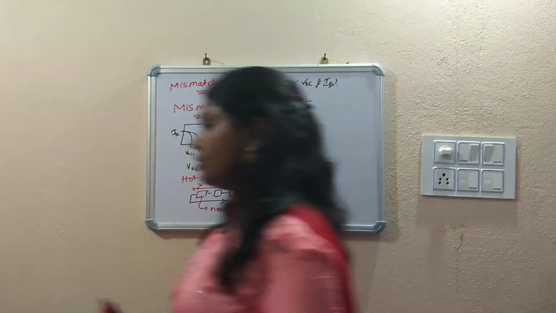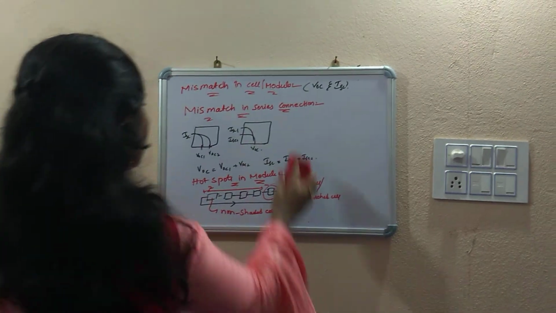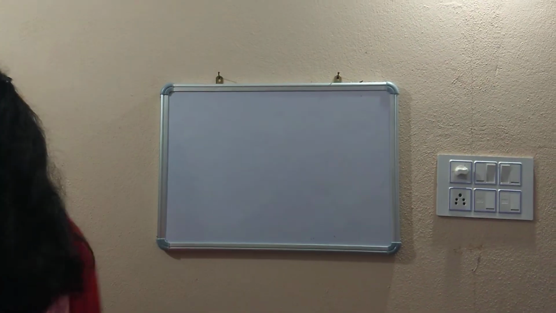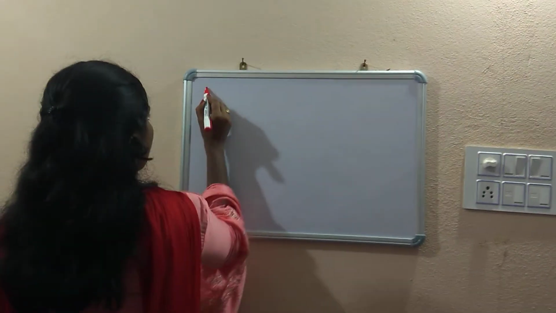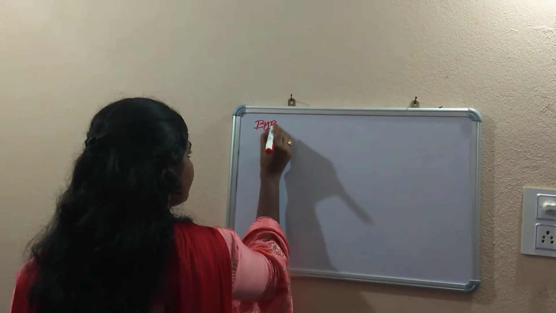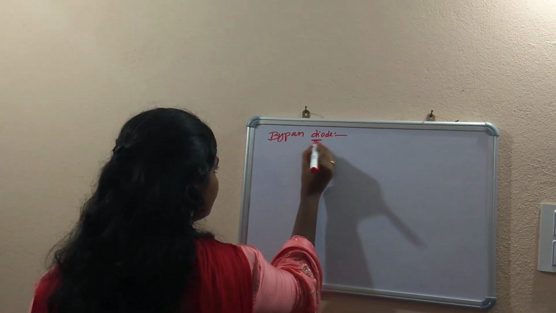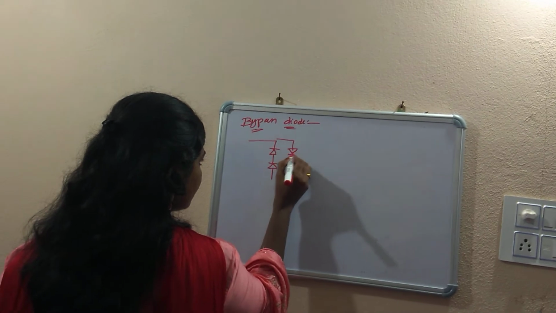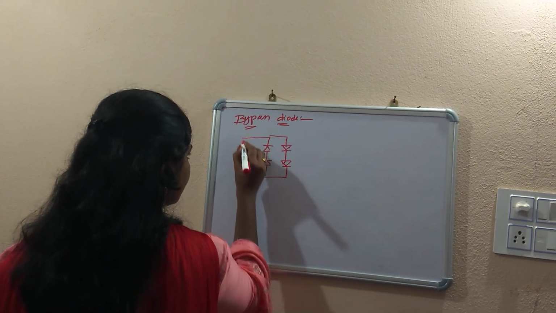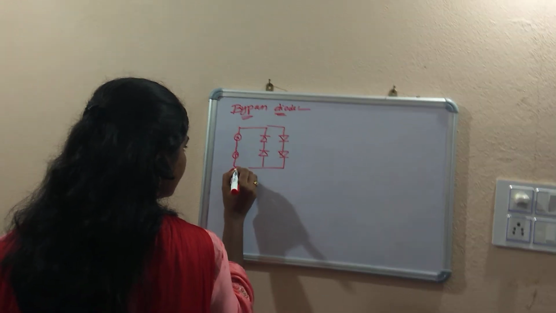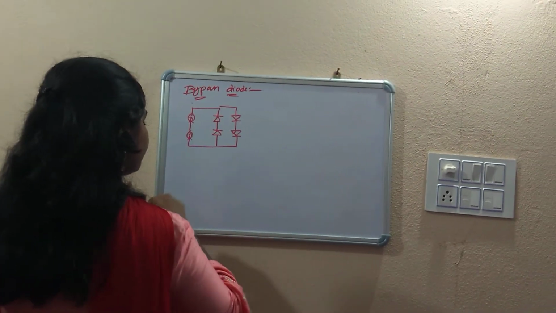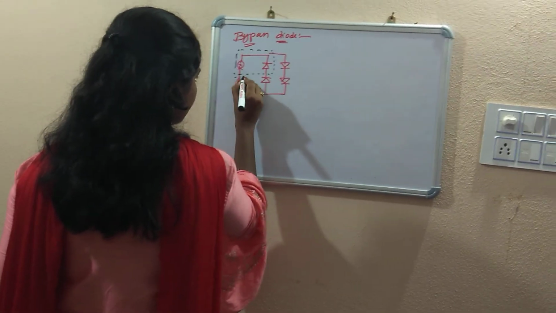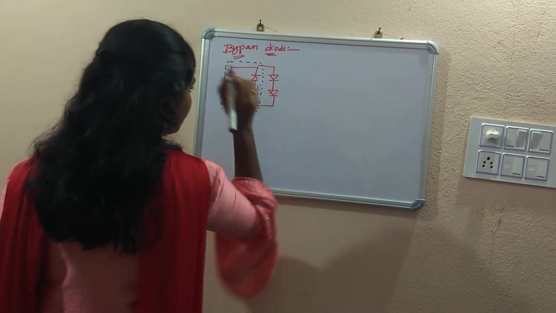To reduce these hot spots, we introduce another device, which is called a bypass diode.